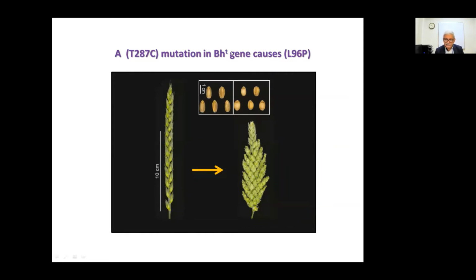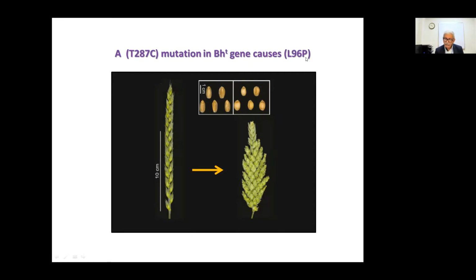The mutation is that the nucleotide T at position 287 in the gene is mutated to C, adenine to cytosine. So it is changing the amino acid at that position, amino acid number 96, from leucine to proline.